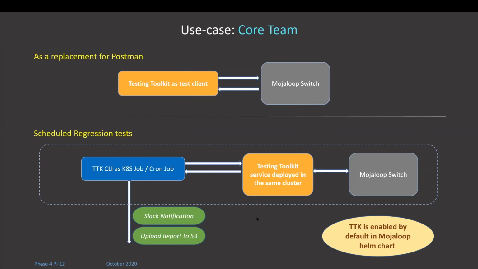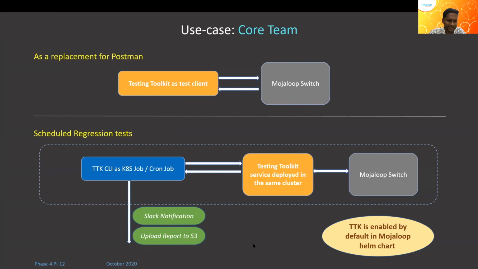And we also added the Helm chart that I already discussed in the core session. We made the testing toolkit a default service in the Mojaloop Helm chart, and we have a Helm chart for TTK CLI, so that we can run regression tests on a daily basis, or scheduled regression tests.